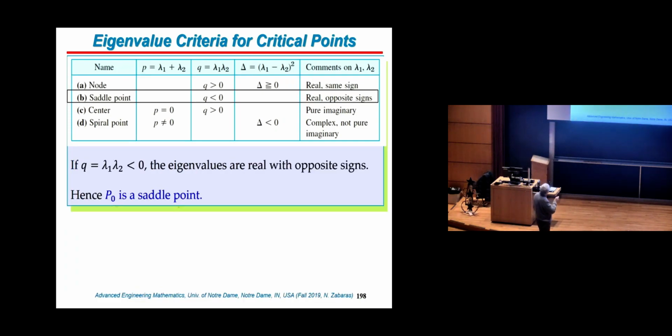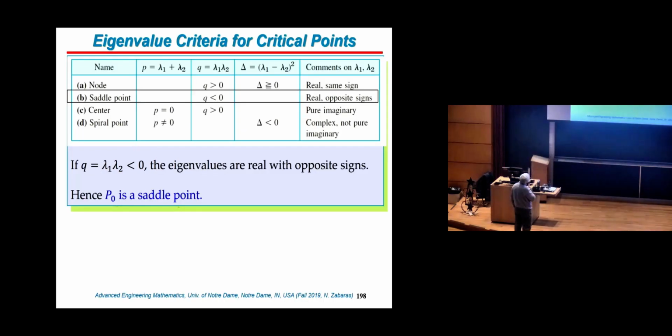Okay, here's another case. Here I only put Q less than 0 and nothing else next to it, which means maybe that Q less than 0 is sufficient to tell me the whole story. So if Q is less than 0, when can that happen?